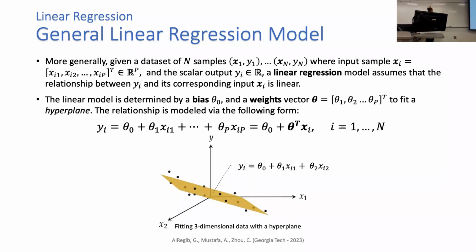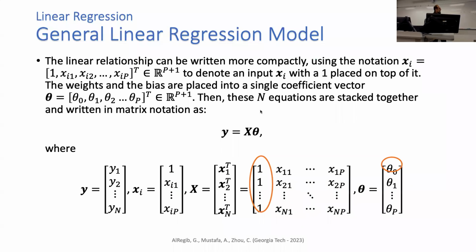Ready? Now, I don't want this. I want to have just one vector notation. So I could really insert this x0, theta 0 here. So this becomes my vector theta, right? But that means I have to add 1 here. So now I have theta 0 times 1 plus theta 1 times x11 and so on. So I get the same equation. You see that? And that is what we did in here. Now all that changes is just in the x's.